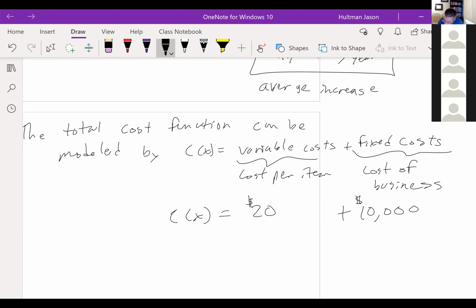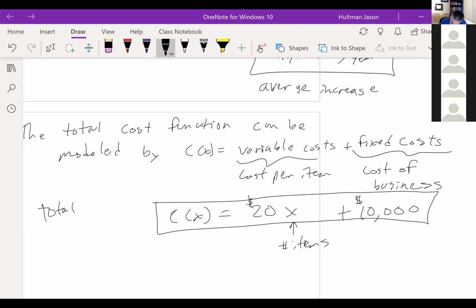So that's going to be times X, where X is the number of items I'm producing. 20 is the materials cost, which is a variable cost, and 10,000 is my fixed cost. So what we call this is my total cost function.